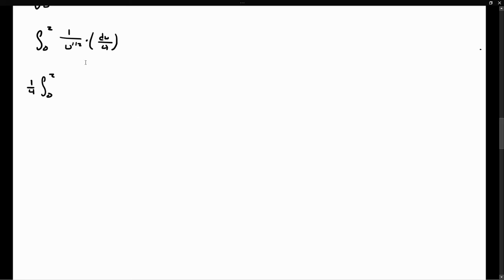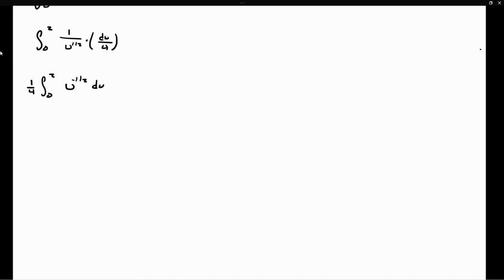But instead of calling this expression 1 over u to the 1/2, let me put it to the top, which is going to change the sign of my exponent, to negative 1/2 du. And let's stop here for a second.